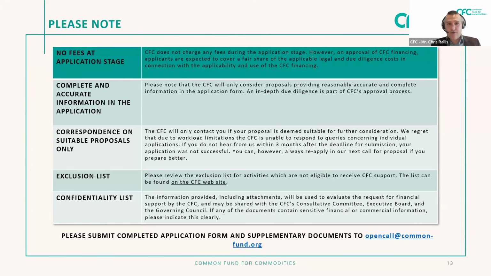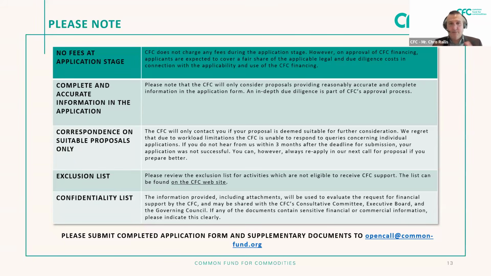This is a very important section for us because this is how we check if your application is eligible for CFC financing. I saw quite a few questions on this already, so please remember that we can only finance projects and entities that are either based in CFC member countries or operate in CFC member countries.